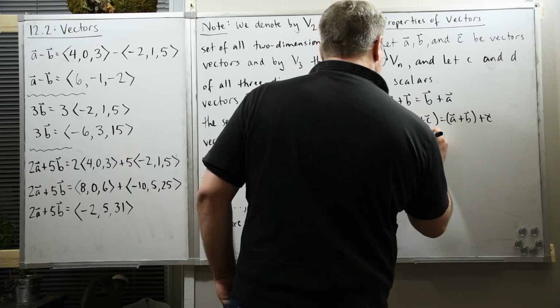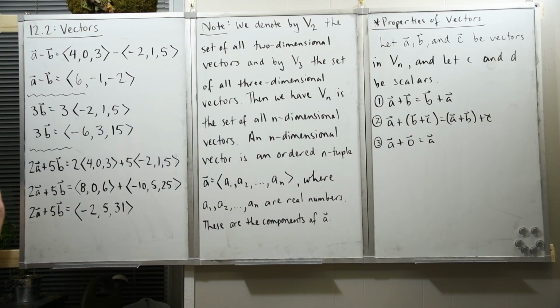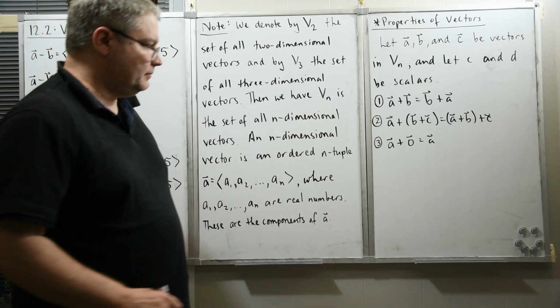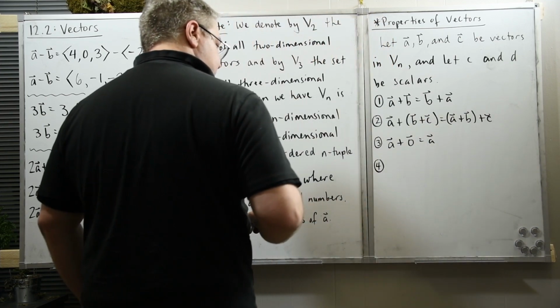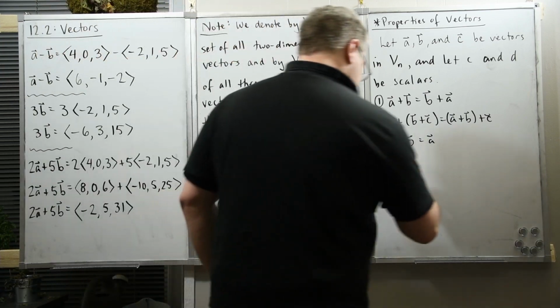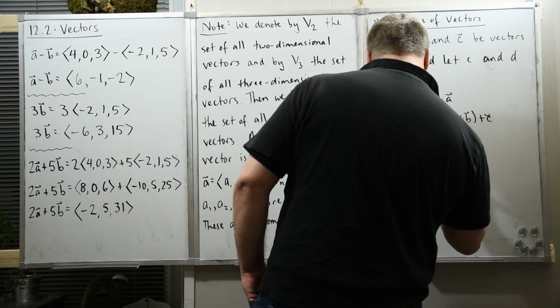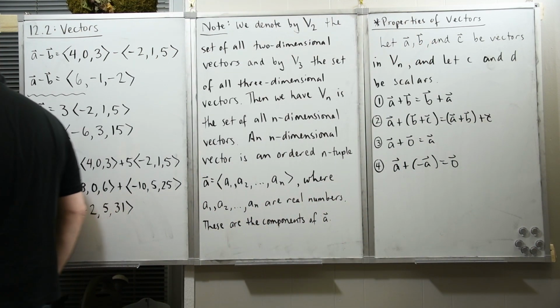Property 3, A plus the 0 vector is equal to A, which means we have basically 0 as our additive identity for this vector space. We have A plus negative A, it's the 0 vector, so that accounts for additive inverses.